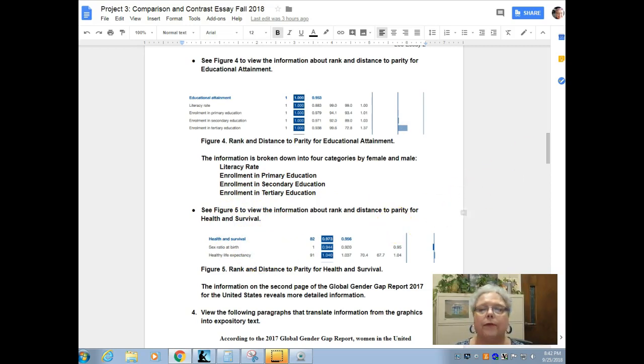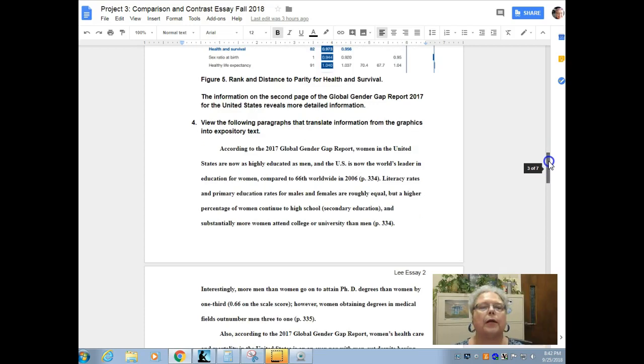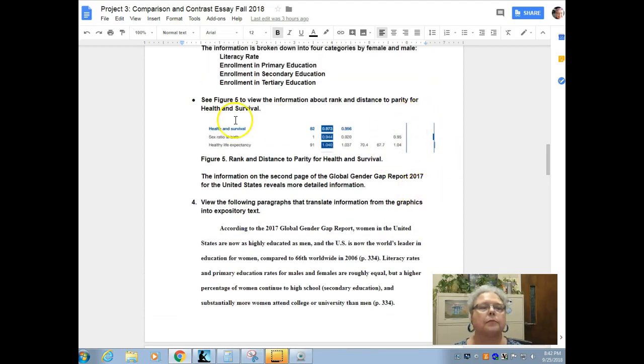See Figure 5 for information about the rank and distance to parity for health and survival. And this is where since 2006 we've come way down, but looking at it now, health and survival, sex ratio at birth, a little fewer females born than males, but just a little bit.